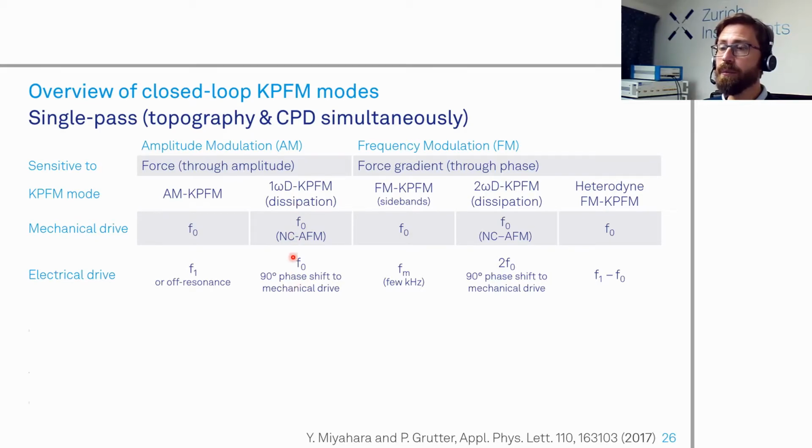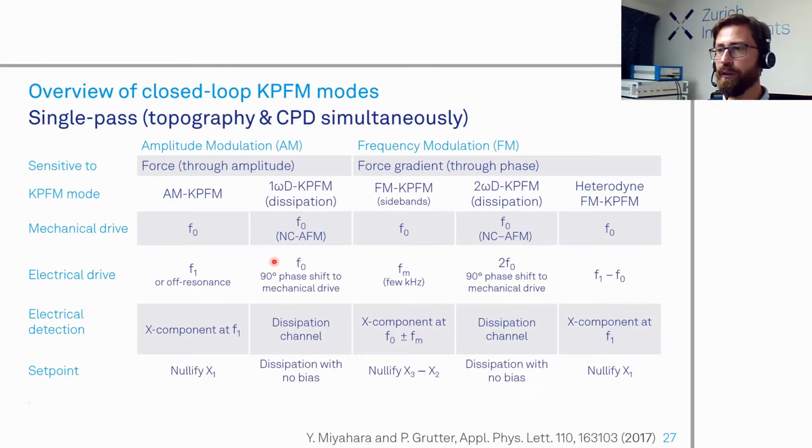And now for this dissipation one, that's why you actually need the PLL to lock the phase, because then you can project the electrostatic contribution to the dissipation axis, and this is how you regulate or measure the electrostatic strength. So in terms of compensation, you always want to nullify, because that's when you reach the contact potential difference. So you want to nullify this electrostatic force by minimizing the X component dissipation, as mentioned here.